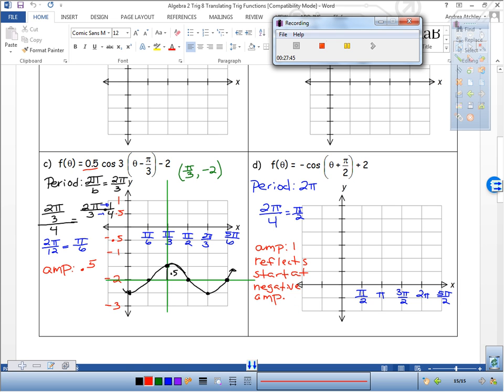Okay. Here is my new origin. Negative pi over 2 and 2. So this is going to be negative pi over 2, since we're counting by pi over 2. Does that make sense?